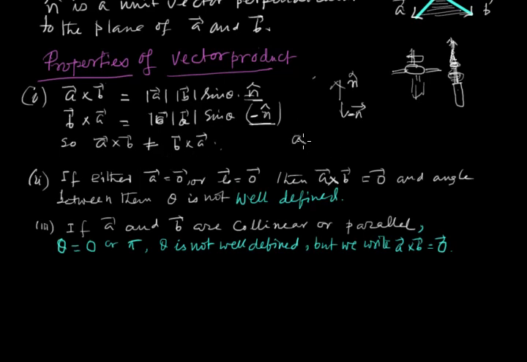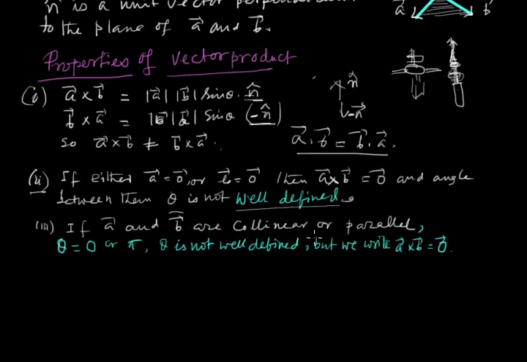What we found, A dot B is equal to B dot A. So the dot product is commutative, but the cross product is not commutative. Now the next property: if either A or B is 0, then A cross B will be 0. In that case, the angle between them, theta, is not well defined.